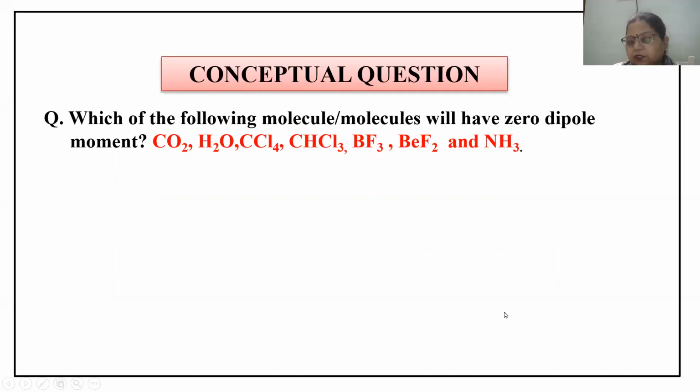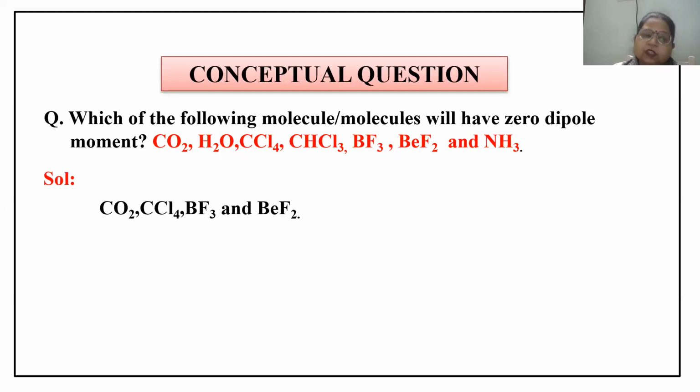See, for the convenience of the students, I just displayed the answer for you. If anything is having a regular geometry, the vector sum will become 0. You know that CO2 has a linear structure.